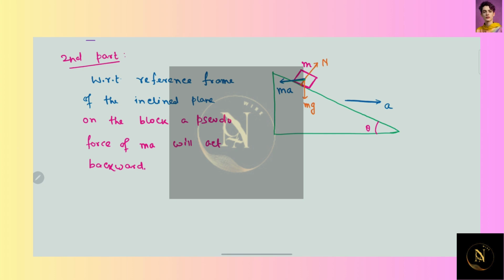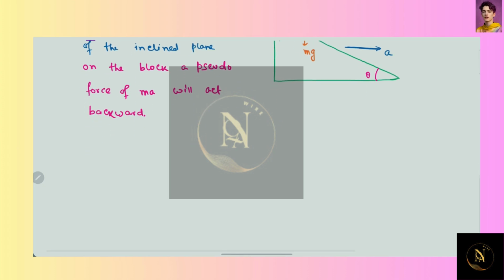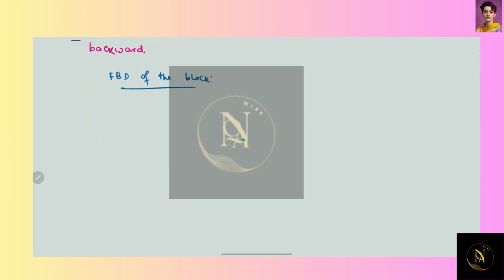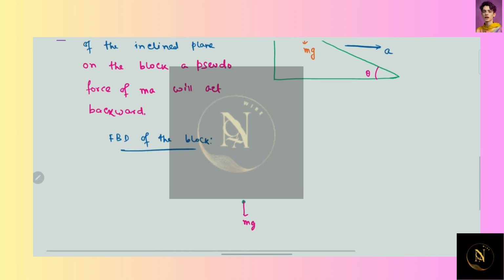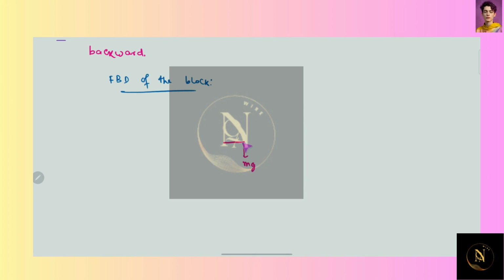If we want to draw the free body diagram of the block, then first of all we replace the block by a point. On this block, the mg force is acting downward, and a pseudo force of ma is acting in the backward direction.